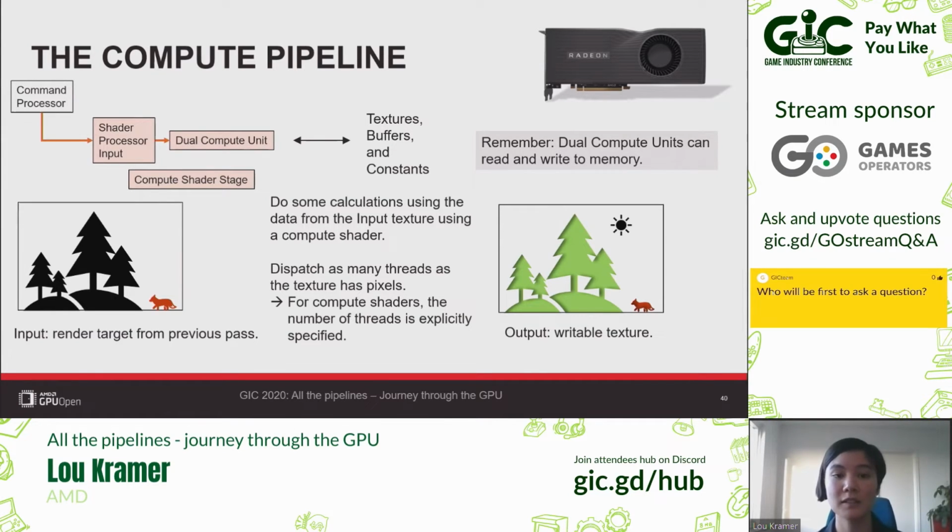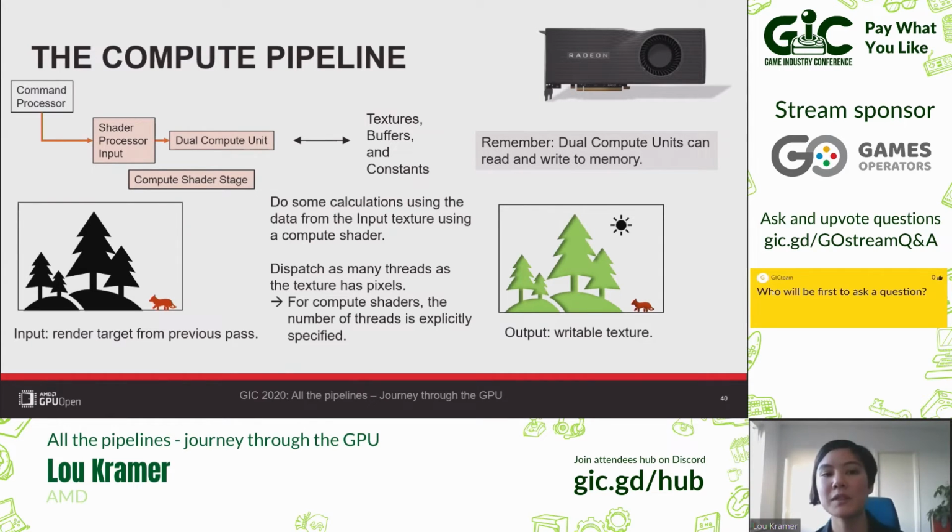You can define this in your compute shader stage. As output now, you have a writable texture of the same size as the render target from your graphics pipeline. And then you just invoke enough threads. This would be the resolution of your output target. And then for each thread, the compute shader just does its job. So it operates on the render target and outputs the color. So this is one way how you could do it.